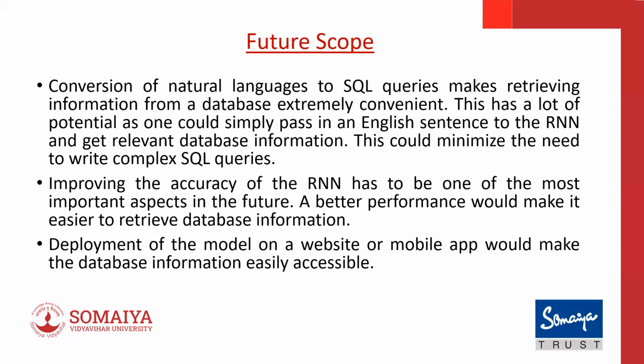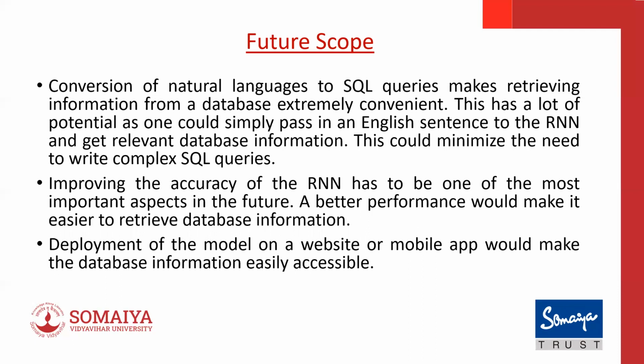Now, this is some of the future scope. One of the main things is that we could minimize the need to write complex SQL queries. And improving the accuracy of the recurrent neural network has to be something that we work on, like increasing the number of iterations, epochs, maybe the hidden layers might improve the accuracy.